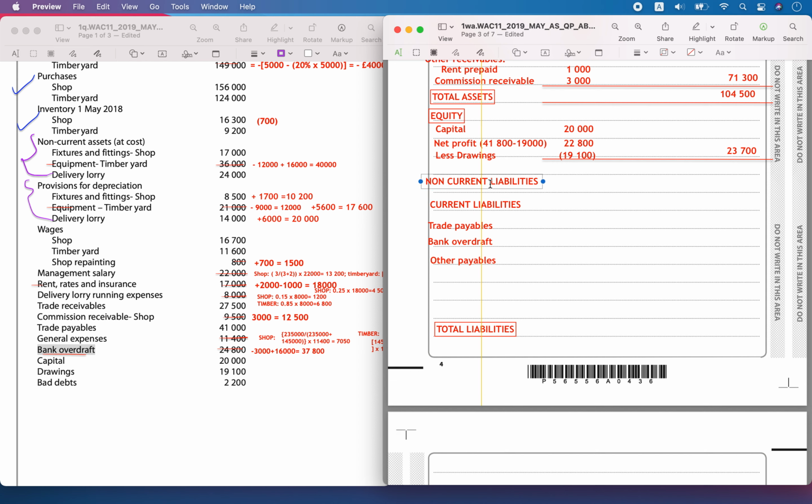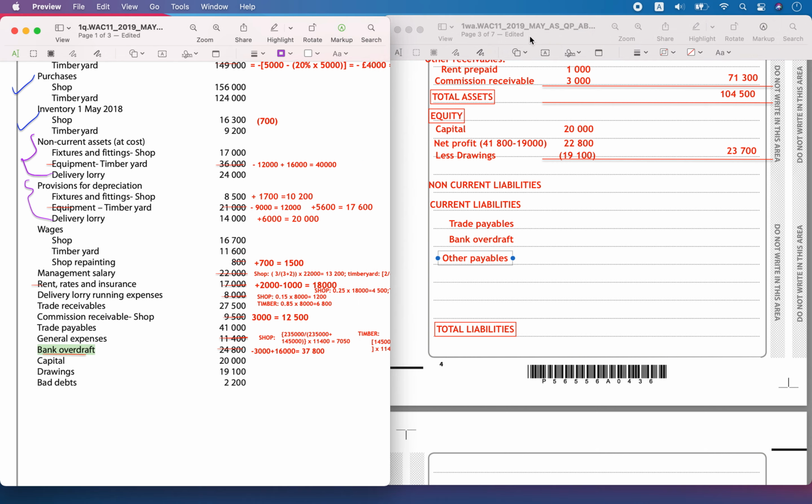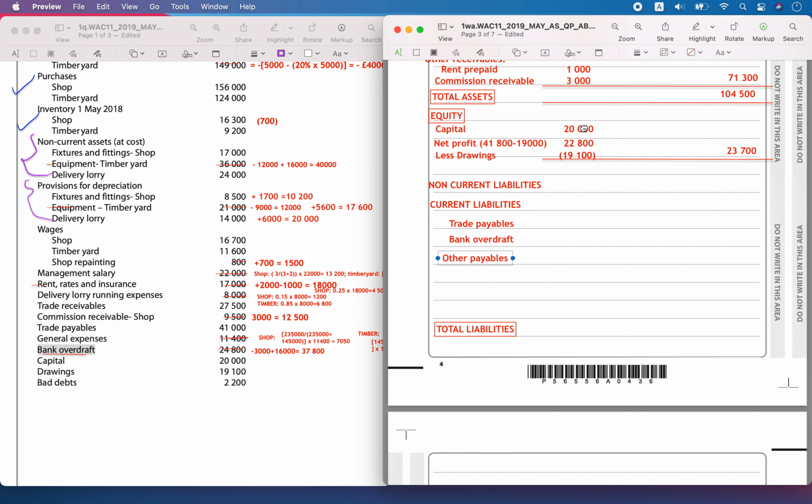Those are the current liabilities. Trade payables was around 41,000. So let's write it here: 41,000.